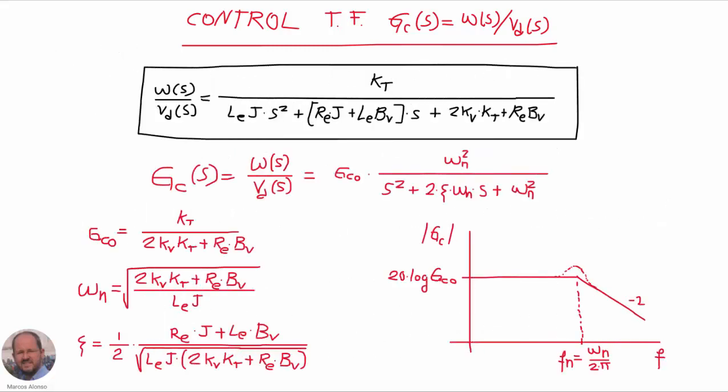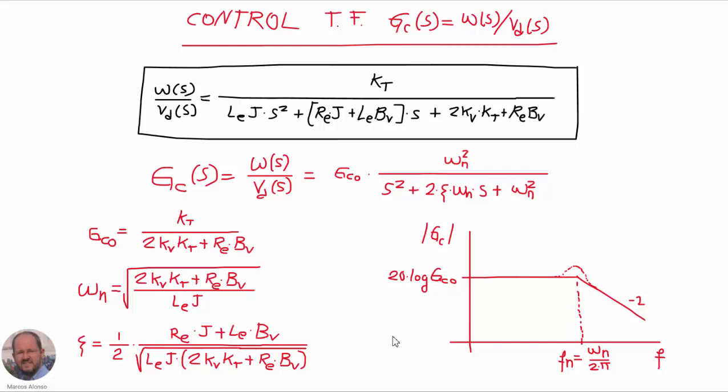To better understand the dynamic behavior of the motor, we can study this transfer function as the typical second order transfer function, as we are showing here in this expression in red. So from the previous expression, we can obtain the DC gain GC0, which will be this expression here, the natural frequency, and the damping ratio of the system.